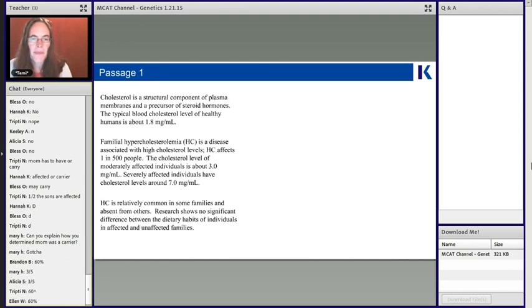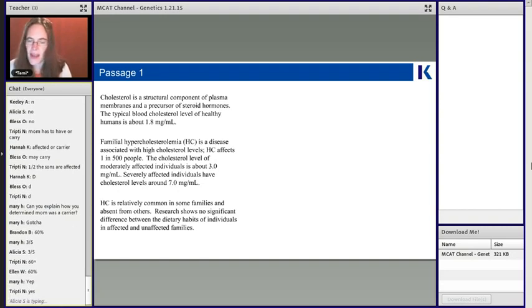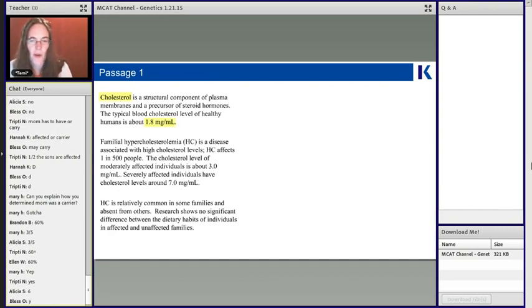All righty. So that should have been more than enough time with your phenomenal critical reading and outlining skills. Did everyone get that done? Excellent. So your first paragraph, we know we're talking about cholesterol here, and they give us a normal range. If they give us a normal range, there's a good chance that they're going to give us something outside the norm and ask us about it.